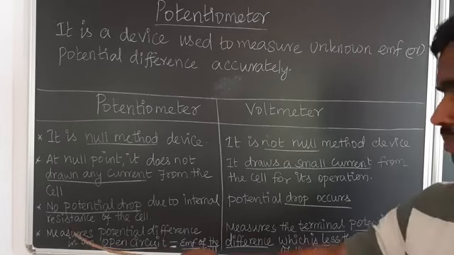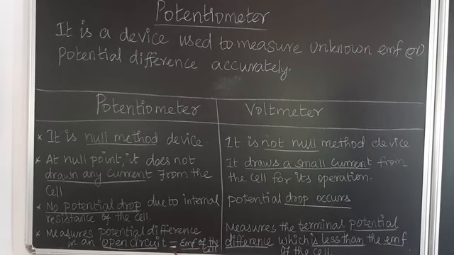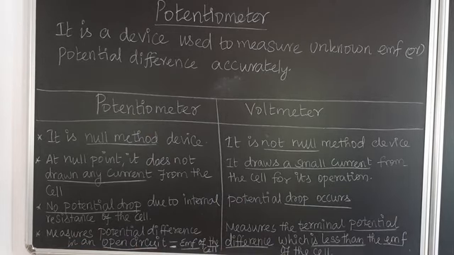Remember that it measures the potential difference in an open circuit, which is equal to the EMF of the cell. So the potentiometer measures the potential difference in an open circuit which is equal to the EMF of the cell. But a voltmeter measures the terminal potential difference. Terminal potential difference means we have the positive and negative terminals, right, and we have the terminal potential difference which is less than the EMF of the cell, but in a closed circuit.